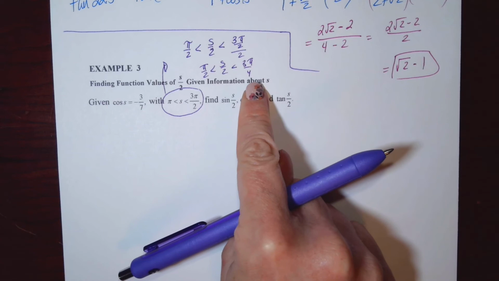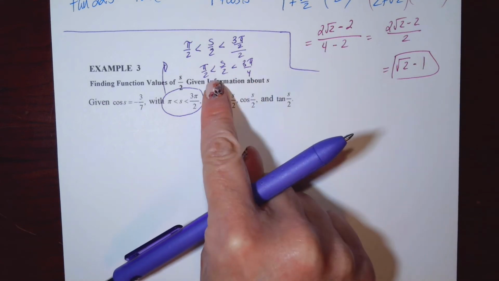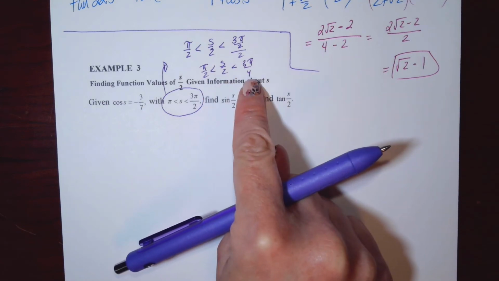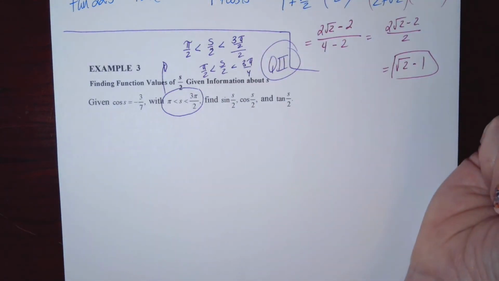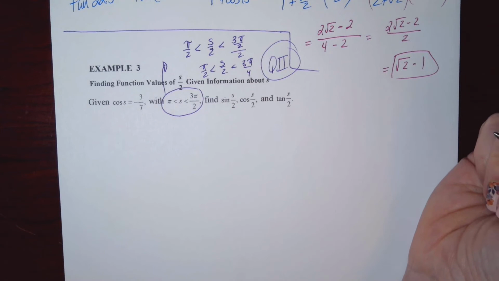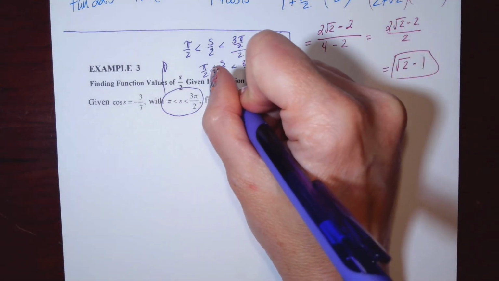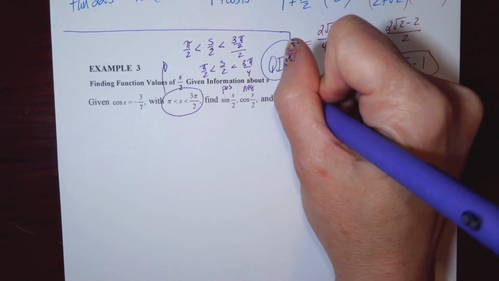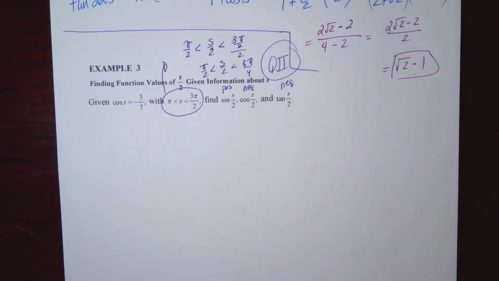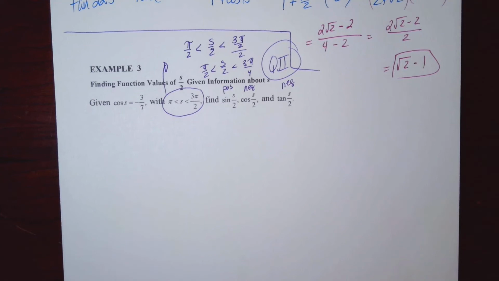Between pi half and 3 pi fourths, well, pi half is 90 degrees and 3 pi fourths is in quadrant 2, so my half angle is going to be in quadrant 2. In quadrant 2, sine is positive, cosine is negative, and tangent is negative. So that clears up algebraically what those algebraic signs should be.